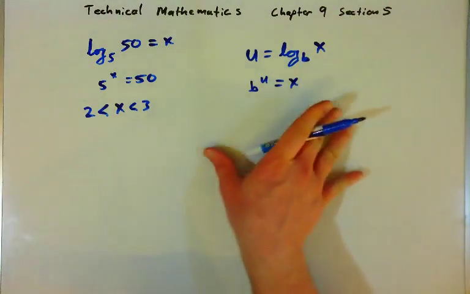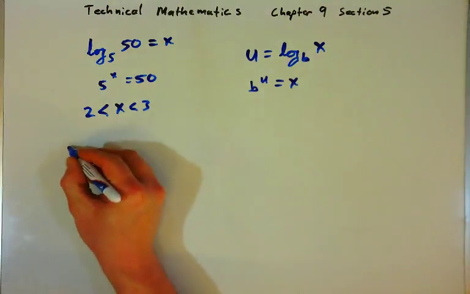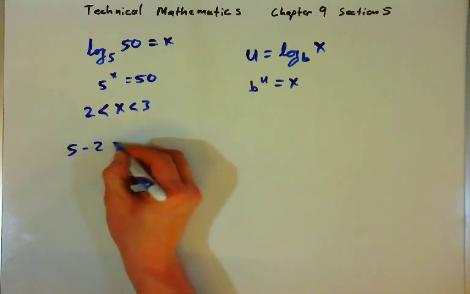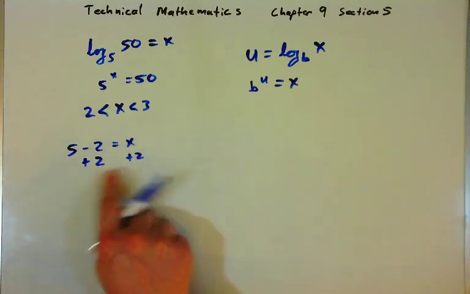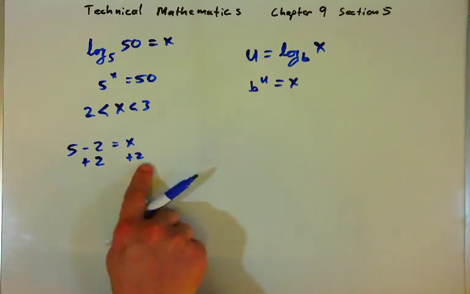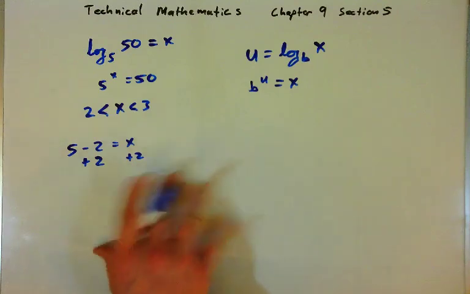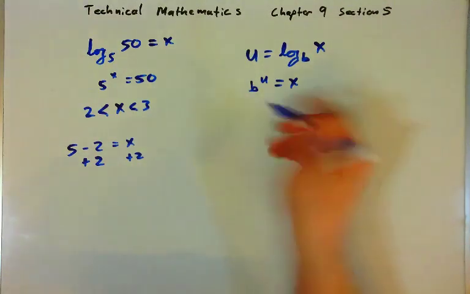Now if we take the logarithm of both sides of the equation, which I'm allowed to do, for example, let's say that 5 minus 2 equals x. I'm allowed to add 2 to both sides, right? Whatever I do to one side, I can do to the other. And so as long as I do the same thing to both sides of the equation, I'm allowed to do that. And so I'm allowed to do the same thing to both sides of this equation as well.